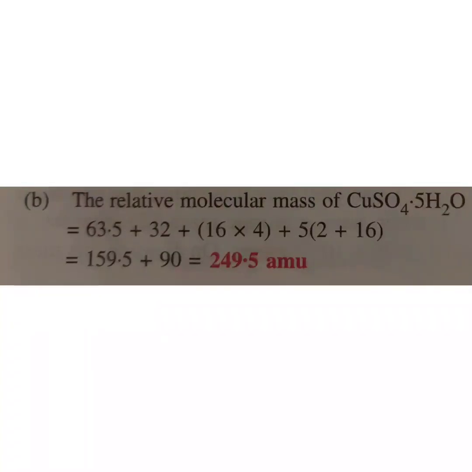For water, you can always keep it in mind, it is going to be 18. That is 2 plus 16, 18. In this case, there are 5 water molecules, so that will be 5 into 18. So altogether, we are going to have 159.5 plus 90, that works out to 249.5 atomic mass units.